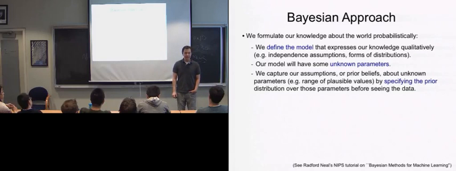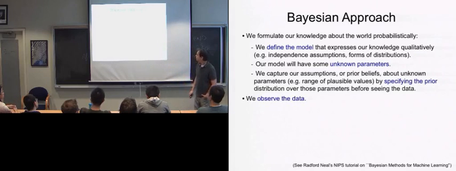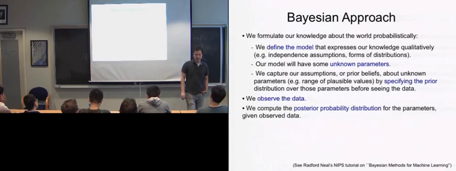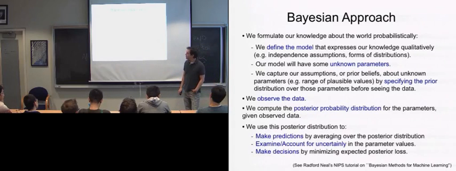We will go through some examples of that. Then we get to observe the data, and we compute what is called the posterior distribution of the parameters given the data. We can then use this posterior for making predictions, essentially by averaging over the posterior distribution.